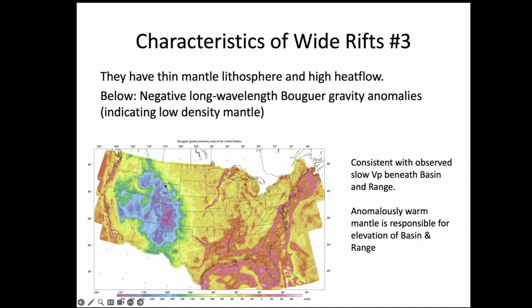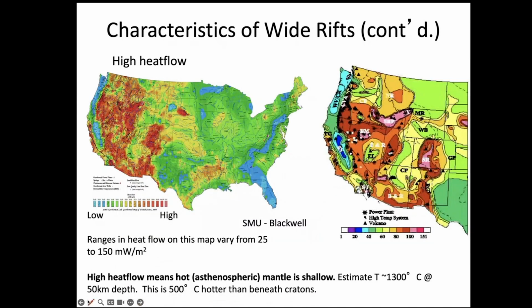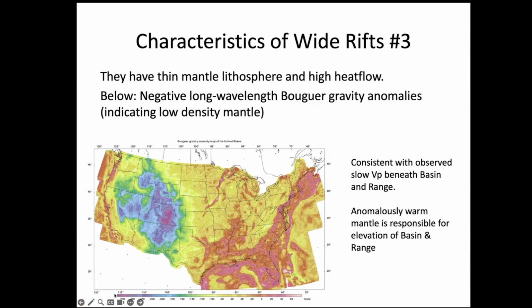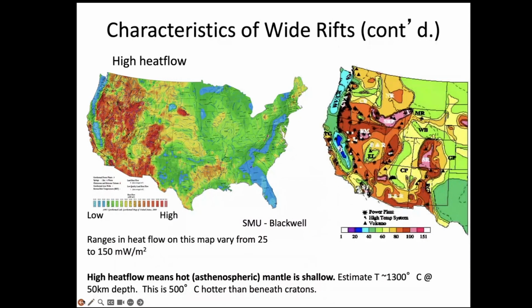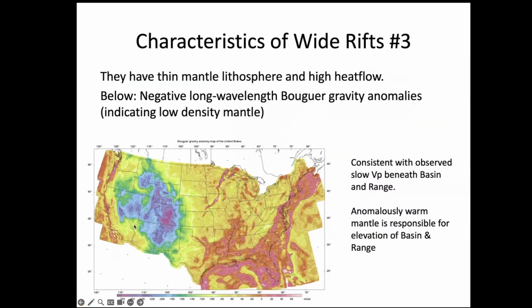And you can see this region in the Western United States has this broad region of low density. This is low density upper mantle. This is thickened continental crust, and they give you the same effects. So these Bouguer anomalies require some interpretation.